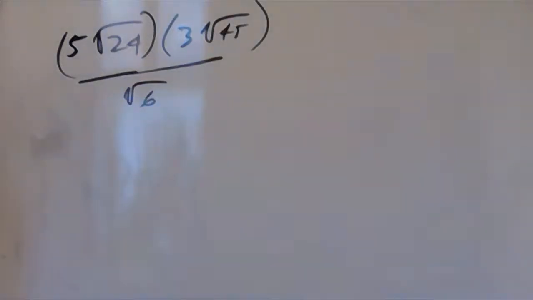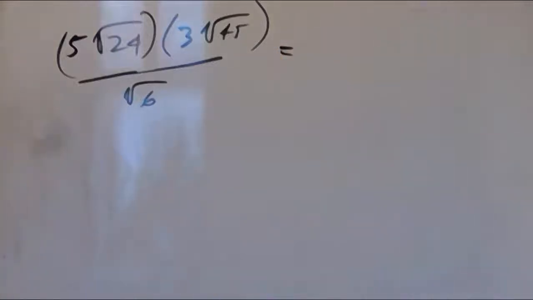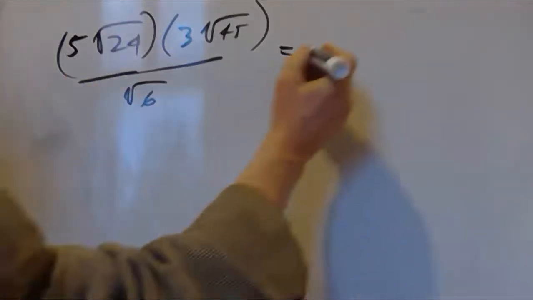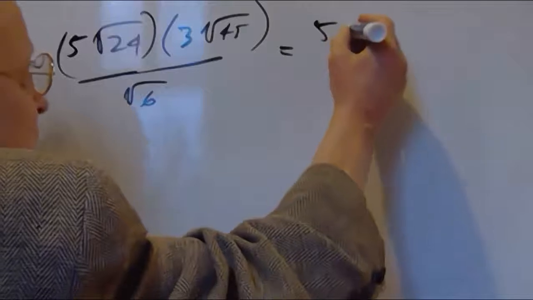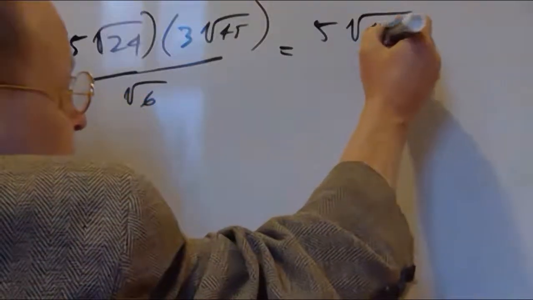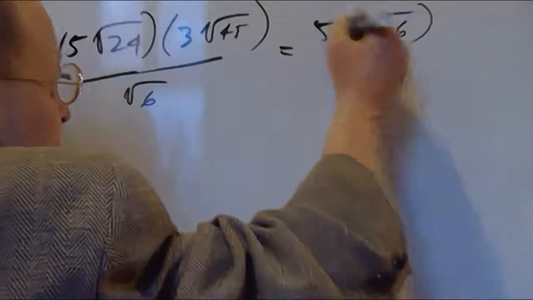So what do we want to do with that? Well, let's get rid of the brackets first. Let's simplify inside the radical sign, and then we'll deal with the brackets. So we have 5 square root of 4 times 6, because remember we're always looking for that perfect square.